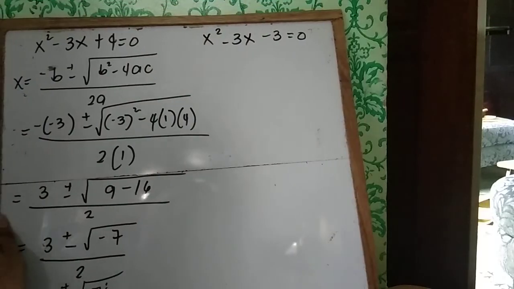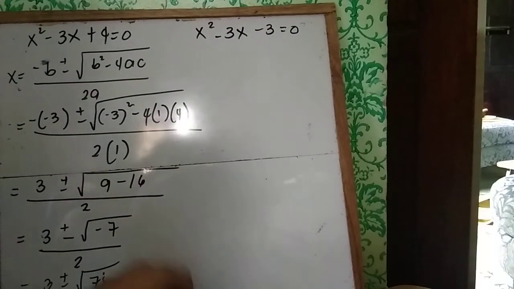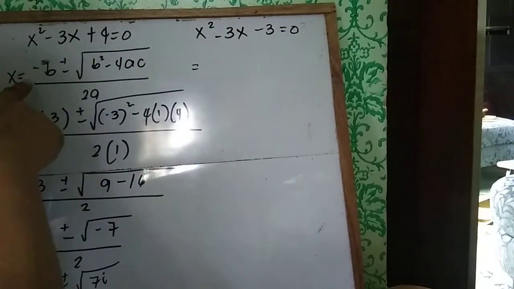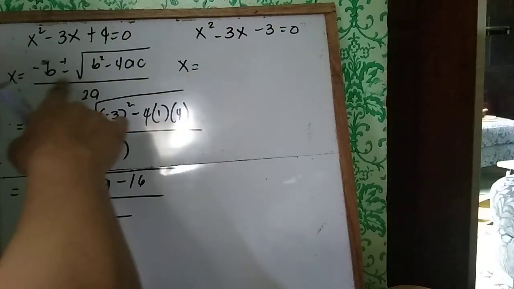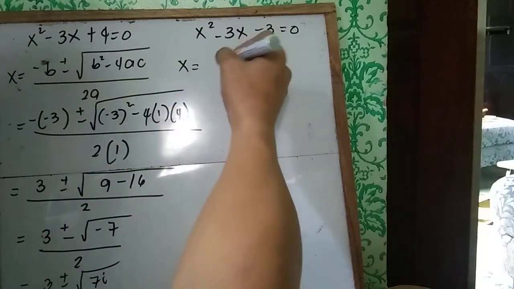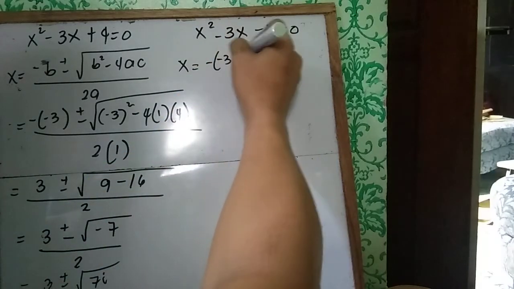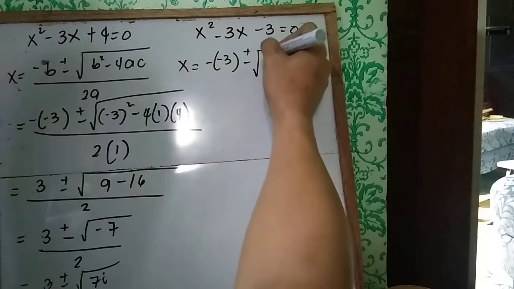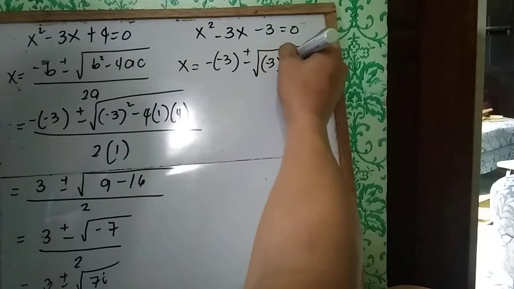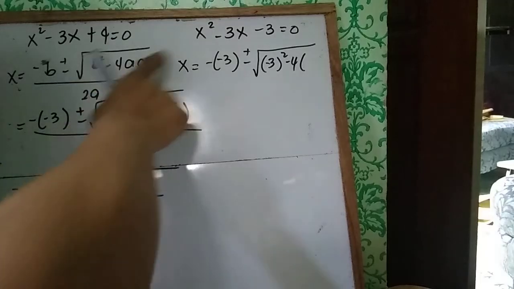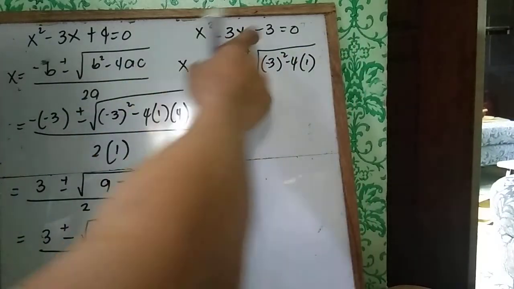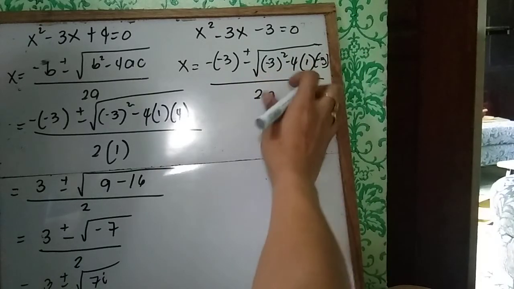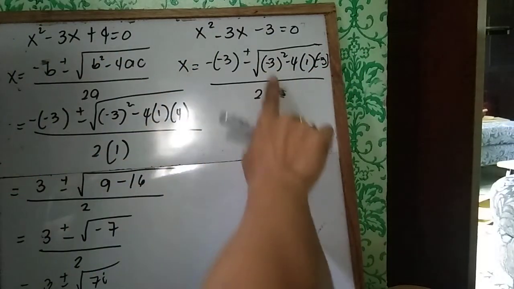And for the other equation, we also use the quadratic formula, so I'll go direct. For negative b, b is negative 3. So negative times negative 3, plus or minus the square root of negative 3 squared, minus 4 times a, which is 1, and c is negative 3, over 2a, where a is positive 1.